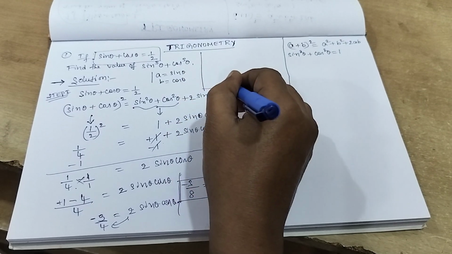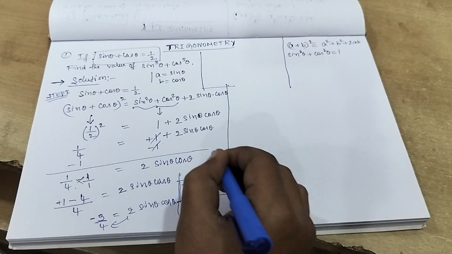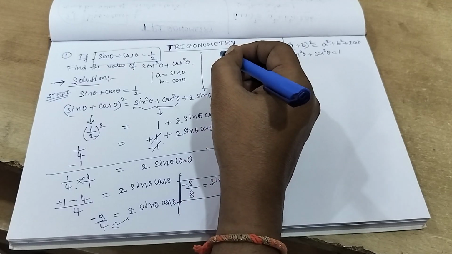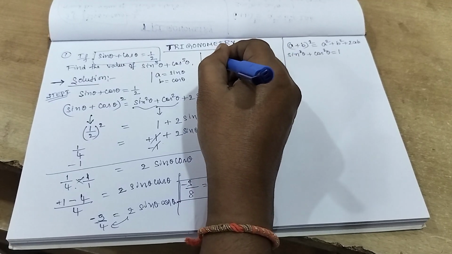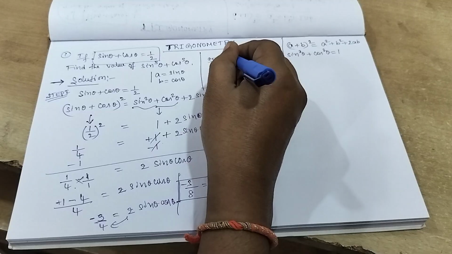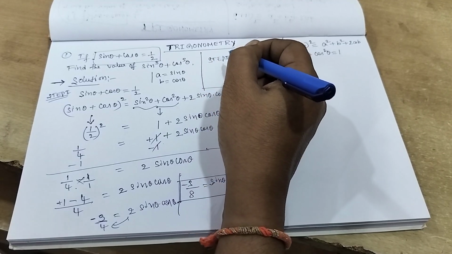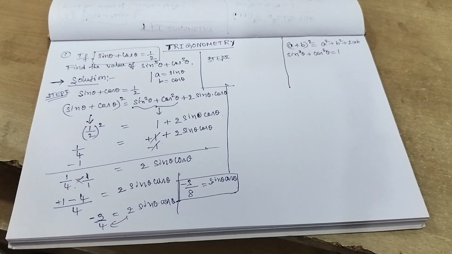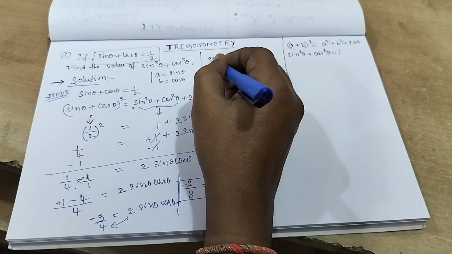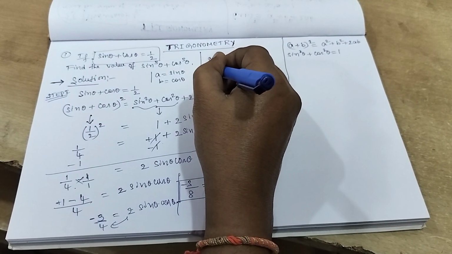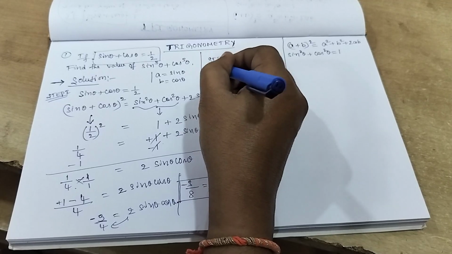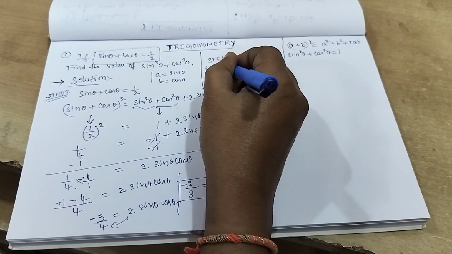So I'm going to bifurcate here. Which formula am I going to use right now, any idea? So step 2, you can leave the comment in the comment section. For step 2, I'm going to use the formula you are very much familiar with, the algebra formula. The cubic equation, a plus b whole cube.